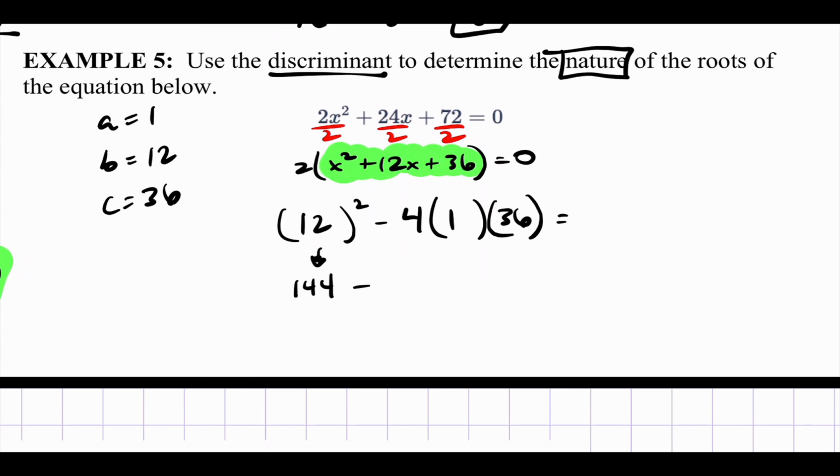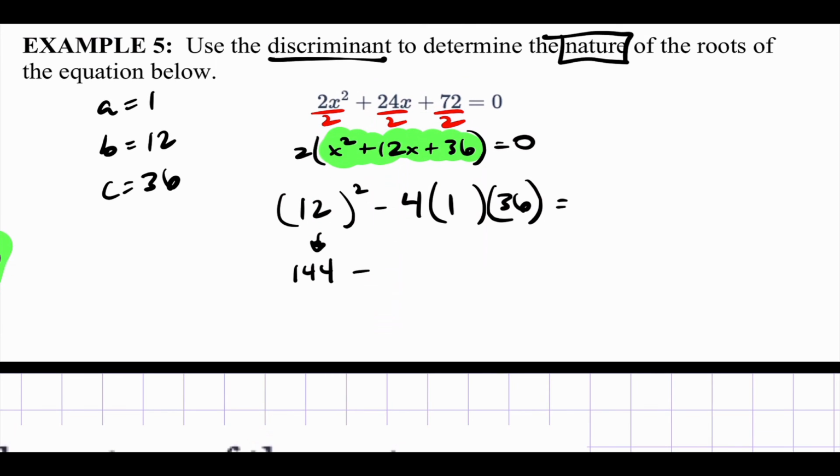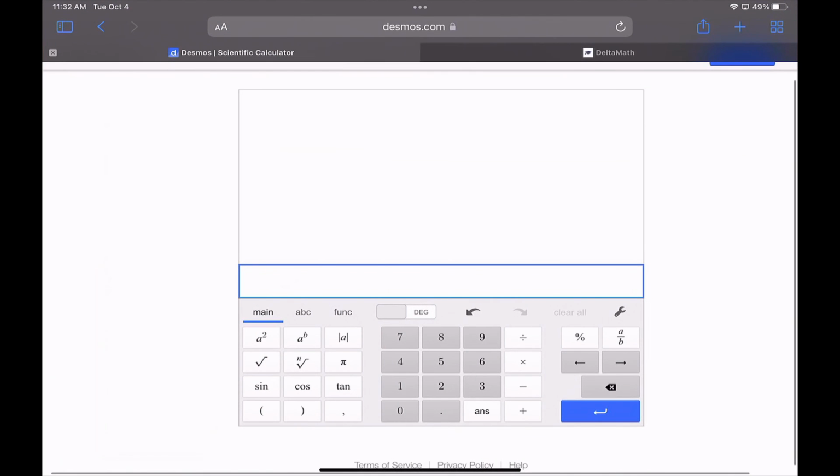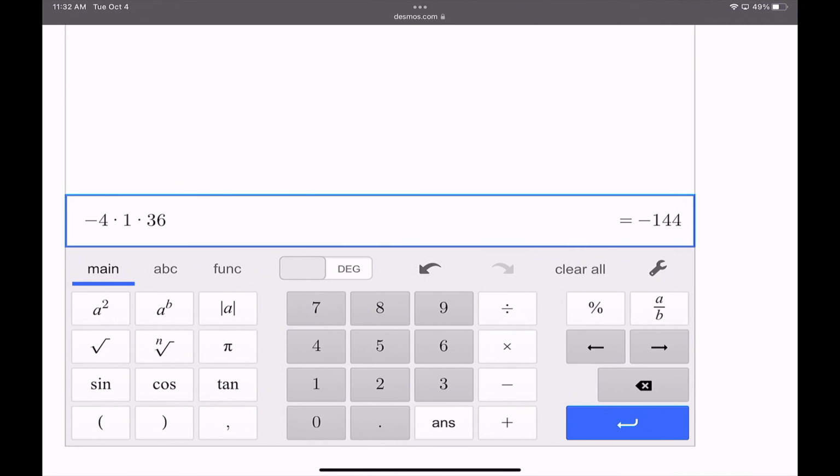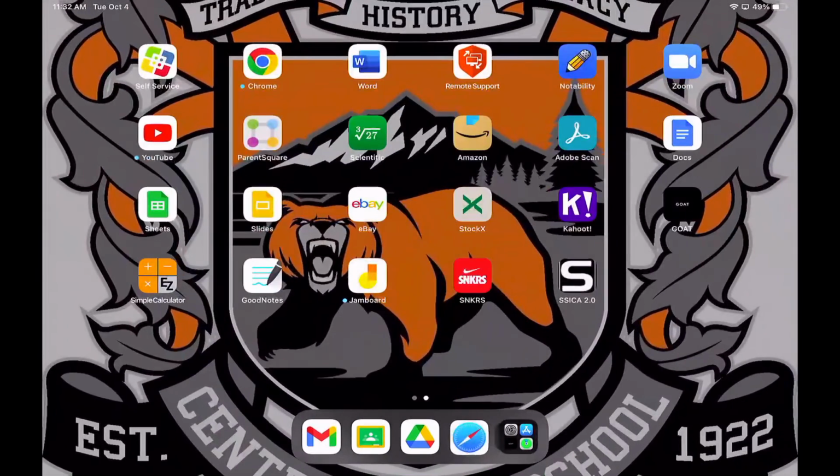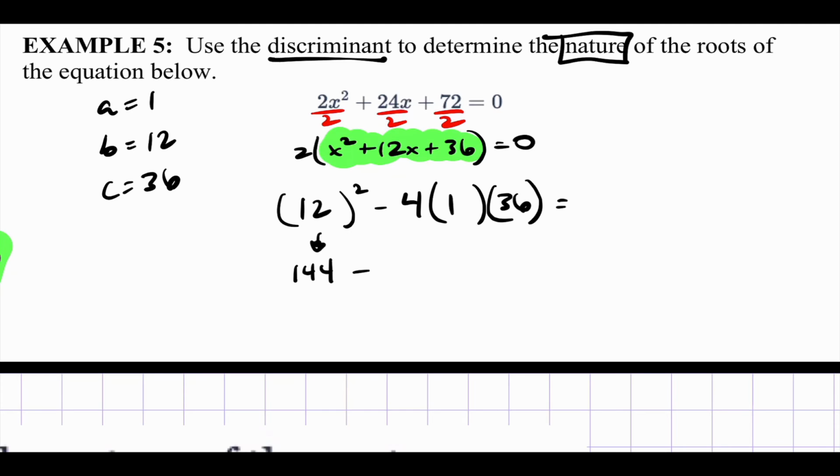Negative 4 times 1 times 36 gives me negative 144. I get 0 as an answer.